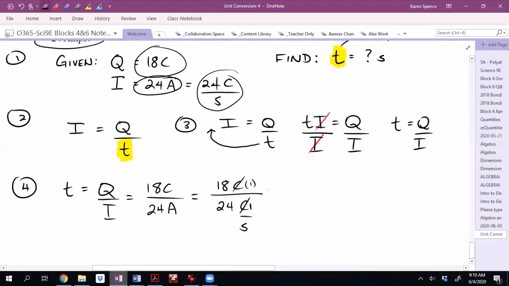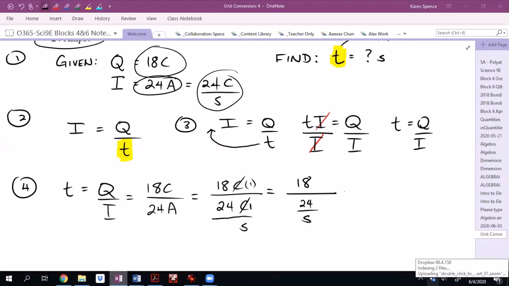So now I have 18, and then I could extend this all the way across, and so that would then be 18 over 24 over seconds, and dividing by a fraction is the same as multiplying by its reciprocal.